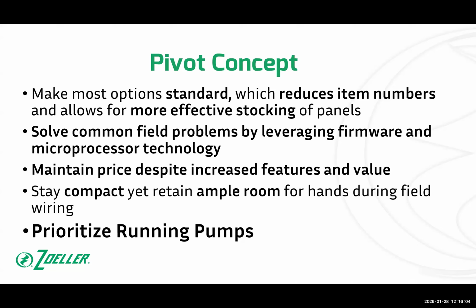Well, if a stop float, the very lowest float in the tank, got stuck in the downward position, and didn't come up for whatever reason, or maybe the float failed, even though the water would continue to rise and raise floats above it, the panel wouldn't do anything. And that's a problem, right? Now the one job that panel has has effectively been voided. It can't do that job. So we knew that we could do things differently.